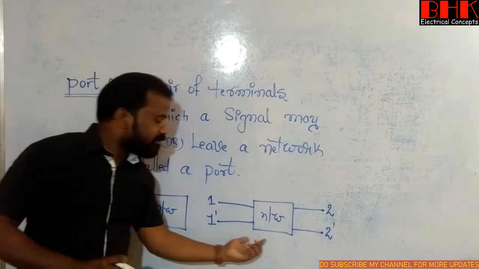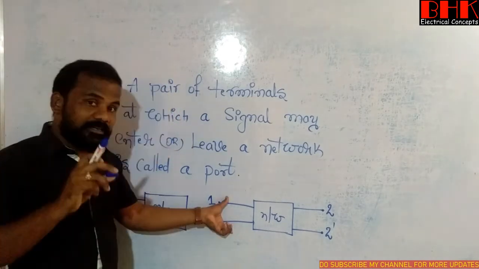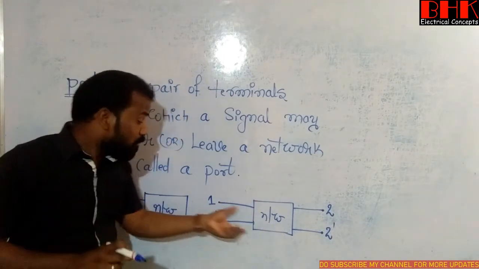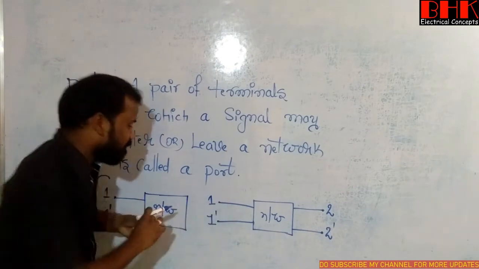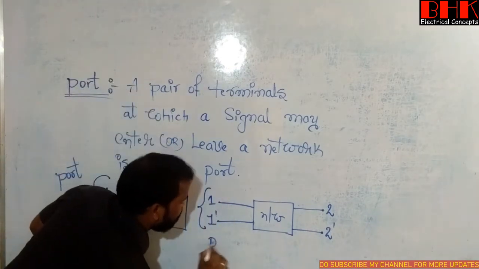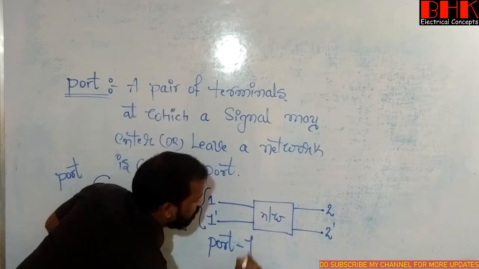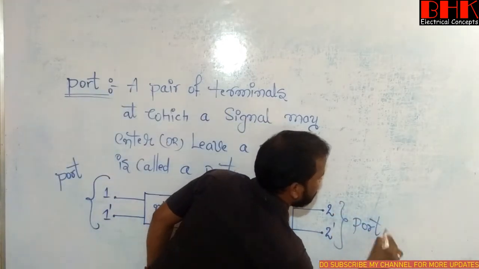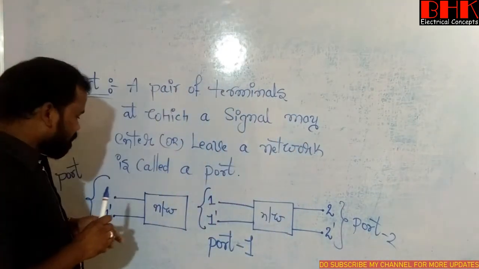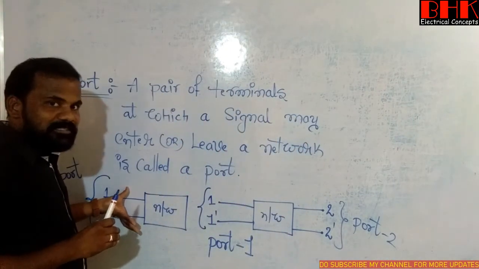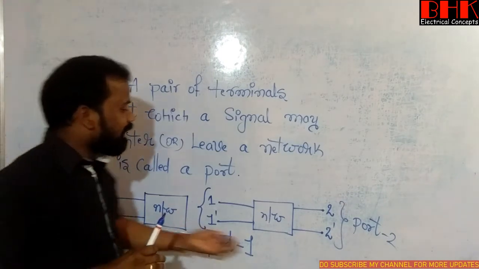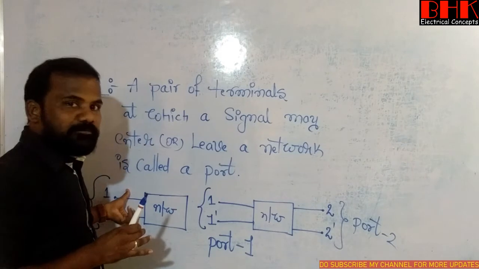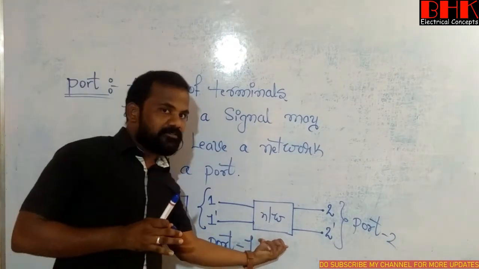Then what about the definition of two port? For example, this is the network. For this network we have two pairs of terminals: 1 and 1 dash is considered as port 1, and 2 and 2 dash is considered as port 2. The difference is that in the earlier circuit we have only one port, but in this network we have two ports.